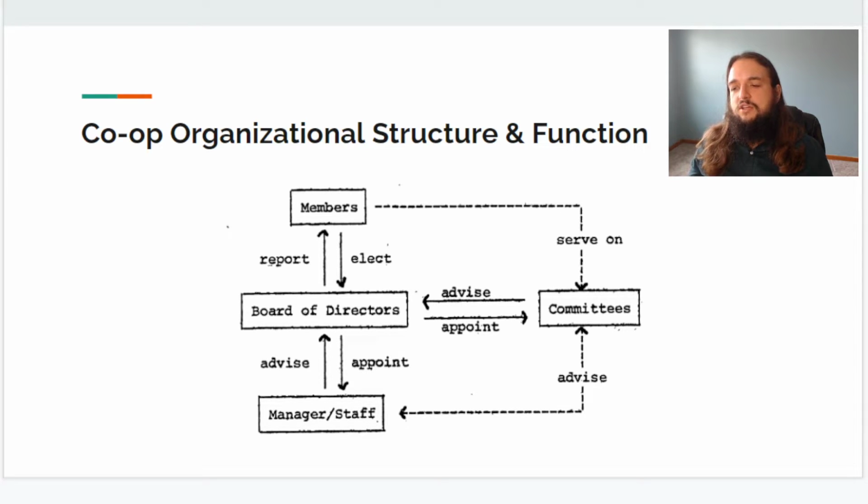But because of the nature of accountability and democracy, it's very important that you be able to appoint, elect, and advise in ways that have checks and balances. And the kinds of relationships between these groups you can see between members and the board of directors and members and committees are very important to consider, especially.